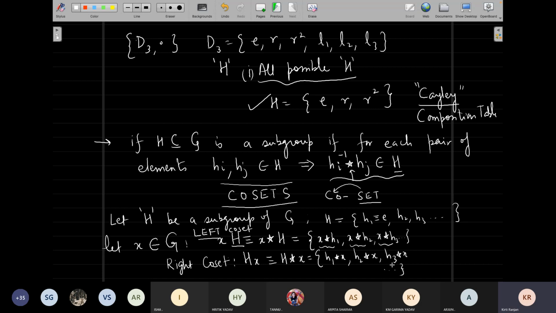So definition-wise it is rather simple: the cosets can be left or right depending upon whether the composition of this subgroup with this element X comes from the left side or the right side. If it were an abelian group, of course, you would not have worried about it. I will come to that again, but definition-wise, it is just that simple.